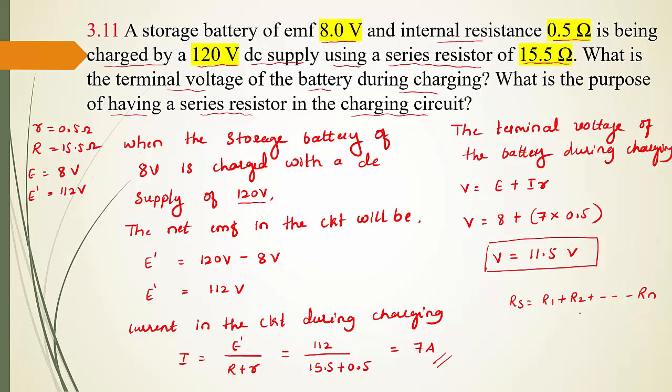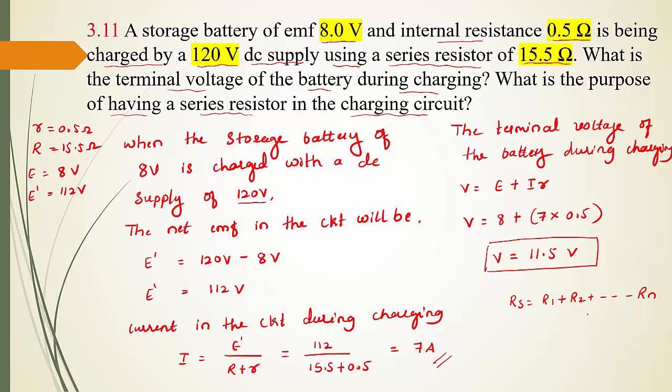So when we are using a series combination, the value of resistance increases, so that the current decreases. So the answer is: the series resistor limits the current which is drawn from the external source.